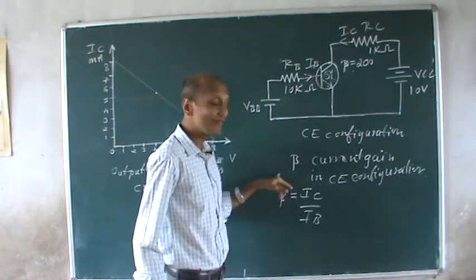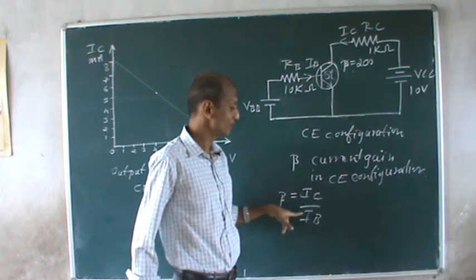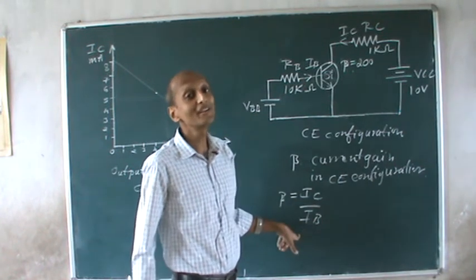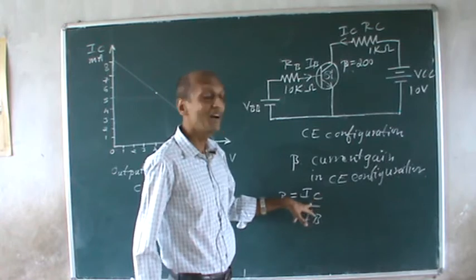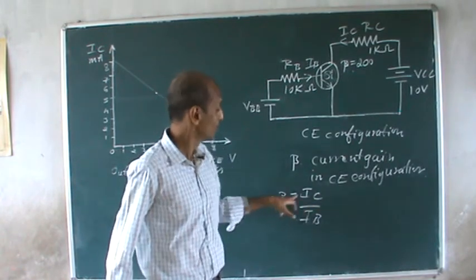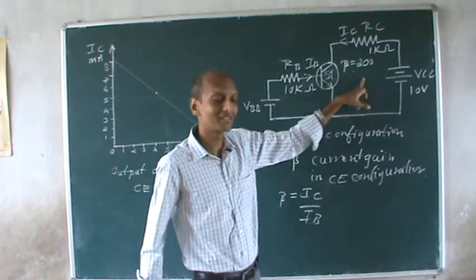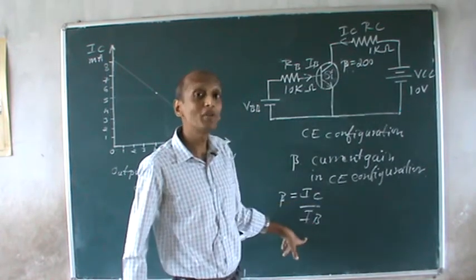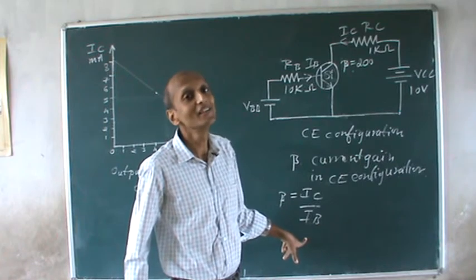Now the beta value will give us how many times your output will be compared to your input. Output current is IC, input current is IB. If I say beta is 200, your output current will be 200 times the input current.